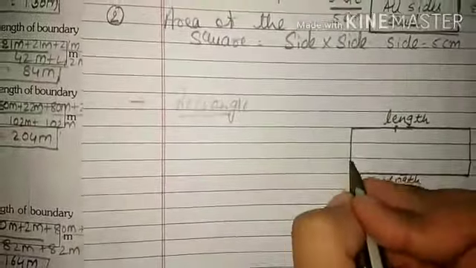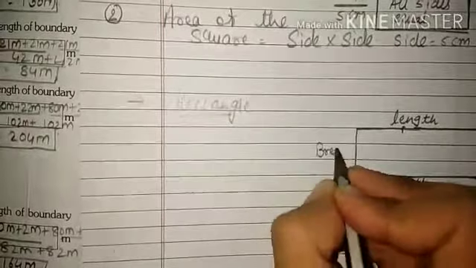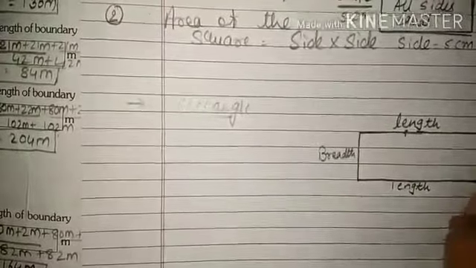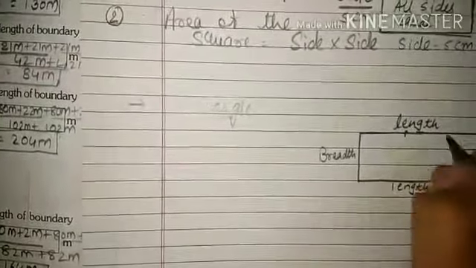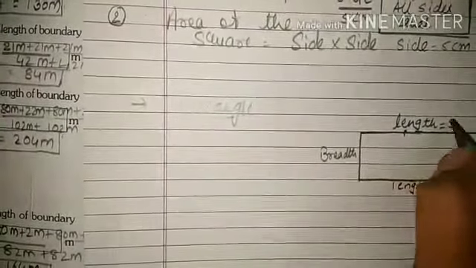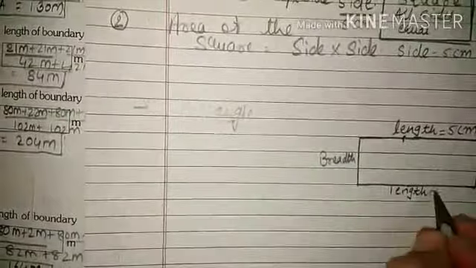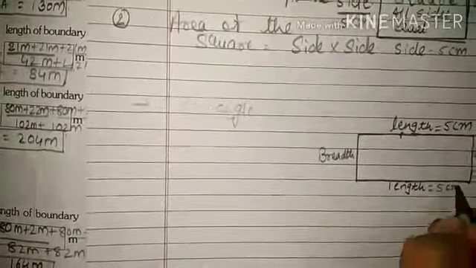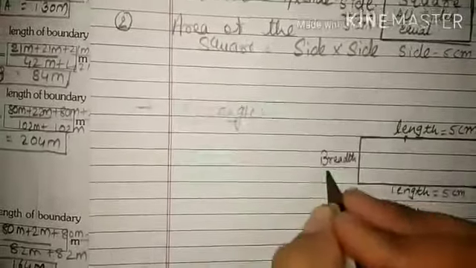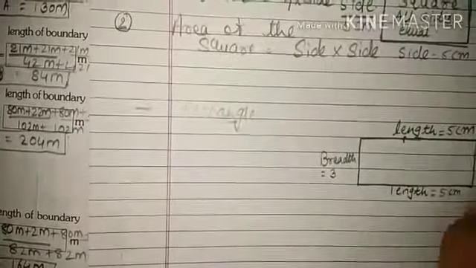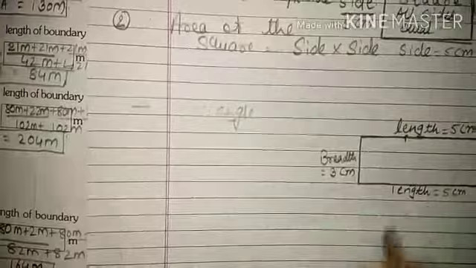This is a breadth, so I will write here breadth. This is also the breadth. If the length is here 5 centimeter, this also should be 5 centimeter because opposite sides are equal. And if this is 3 centimeter, I will write here 3 centimeter, and this one also would be 3 centimeter.